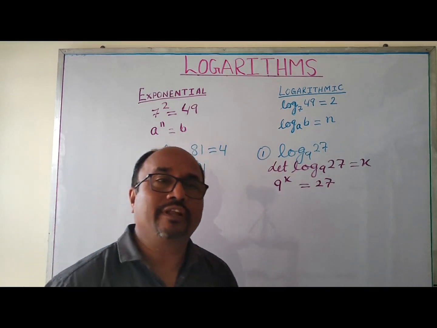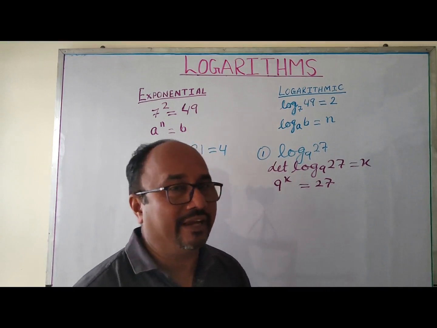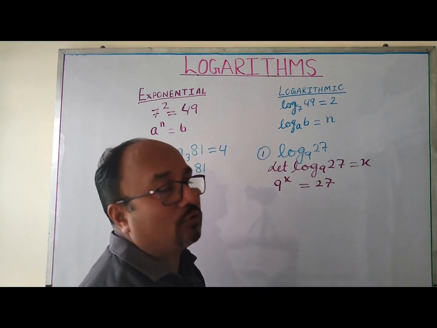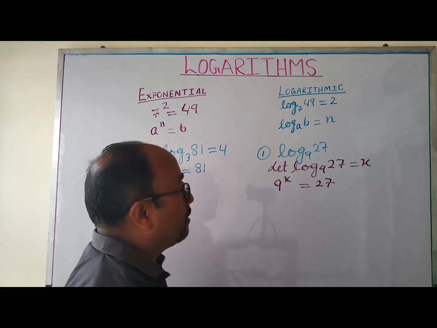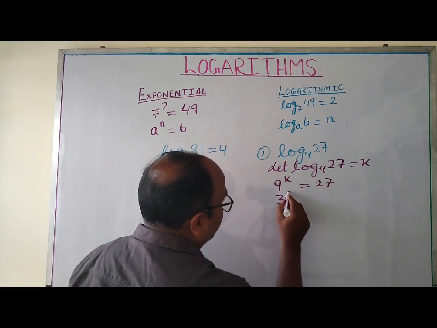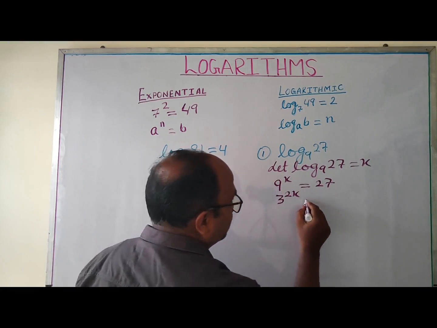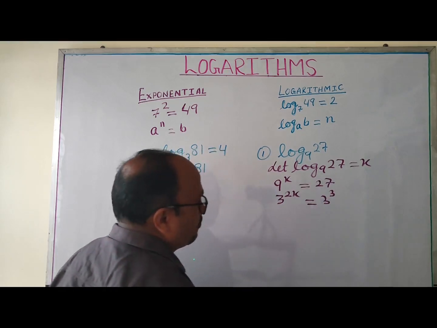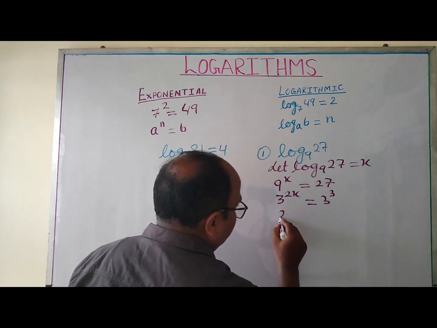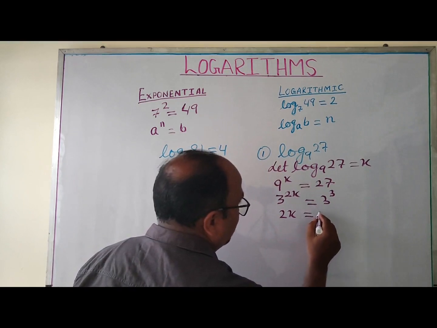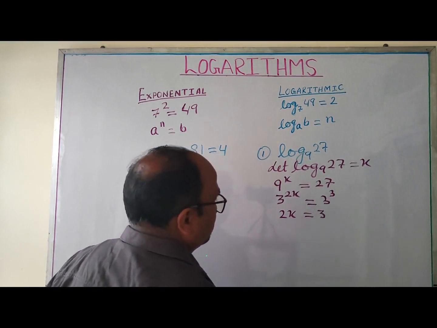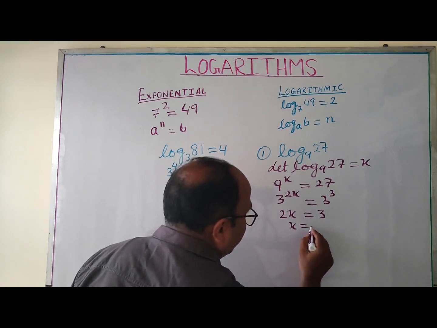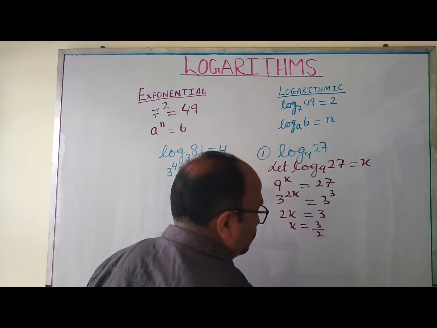Now how to solve and get the value of x, we have learned in the indices part. You know 9 can be written as 3 to the power 2, so it becomes 3 to the power 2x, and 27 I can write as 3 to the power 3. Bases are same, so powers should be equal. So 2x equals 3, and you get x is equal to 3 by 2.